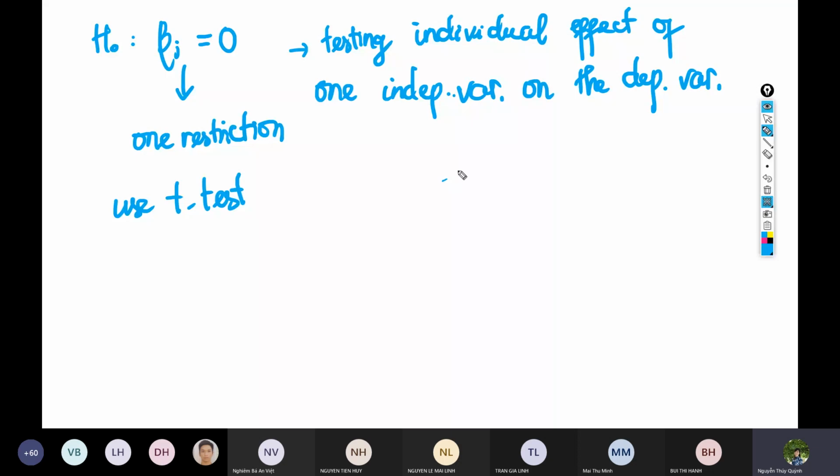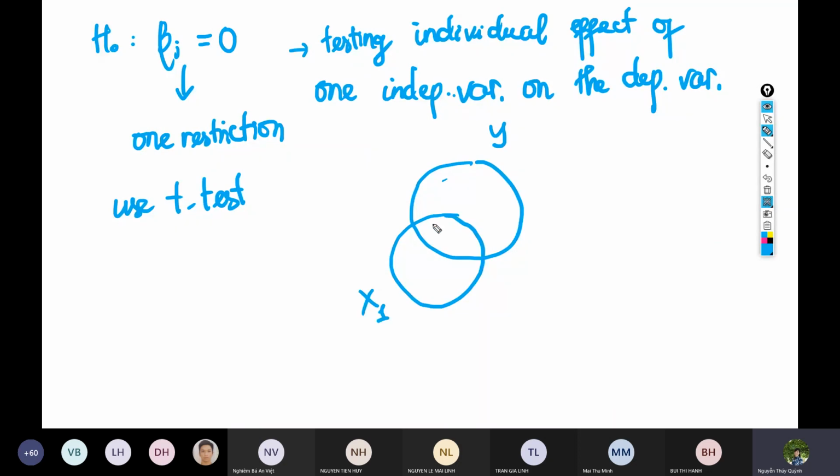We may have the dependent variable y, and then we have x1 as the first independent variable to explain y. This is the information that x1 explains for y. We may have another independent variable in the model, x2, and there may be a correlation between x2 and x1. That's why we have these two circles intersect with each other.